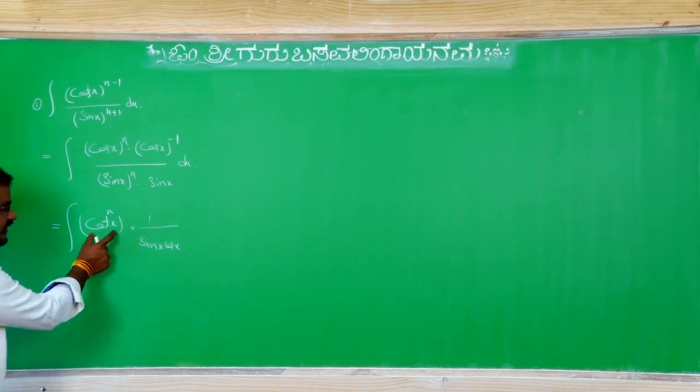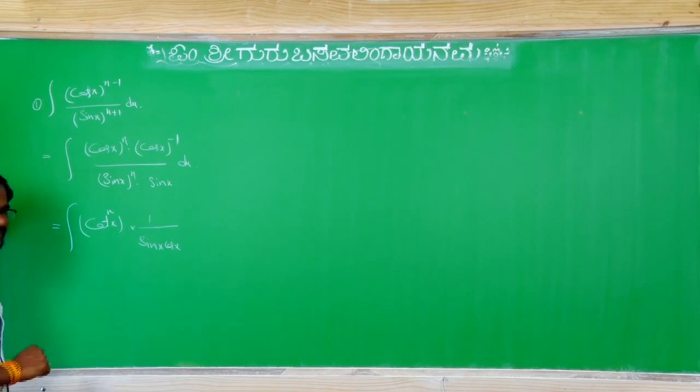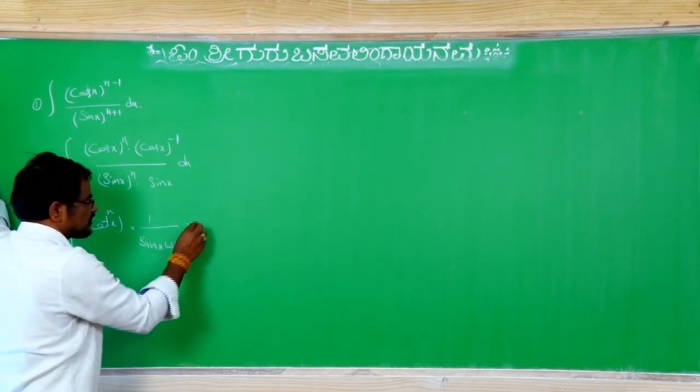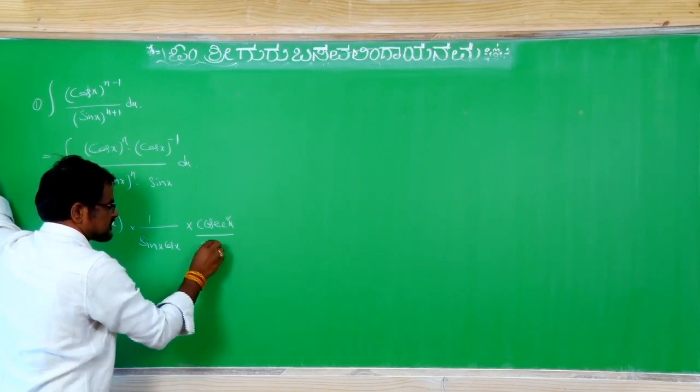Now, if you take cot x as t, the differentiation of cot x is minus cosec square x. So cosec square is missing. That's why you have to multiply and divide by cosec square x.